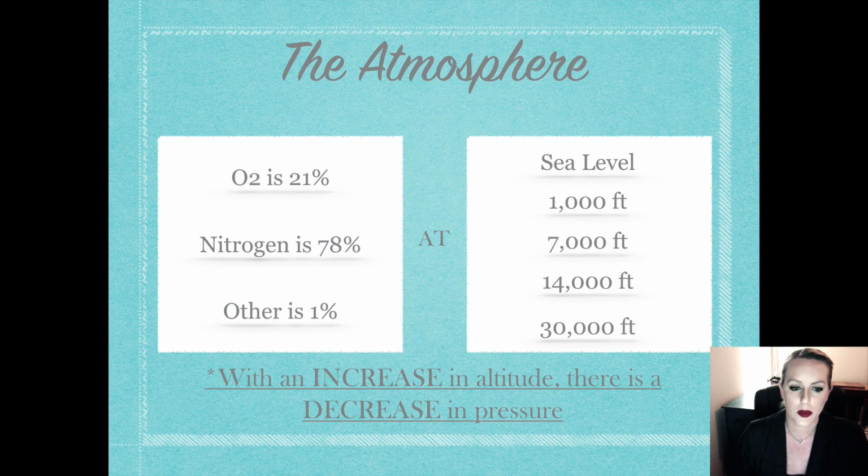We want to make sure that we know oxygen is 21%, nitrogen is 78%, and again, 1% other, no matter where we are. Whether we're at sea level, 1,000 feet, 7,000 feet, wherever we are, it is always 21% and 78%. What we do need to remember, though, is with an increase in altitude, there is a decrease in pressure.